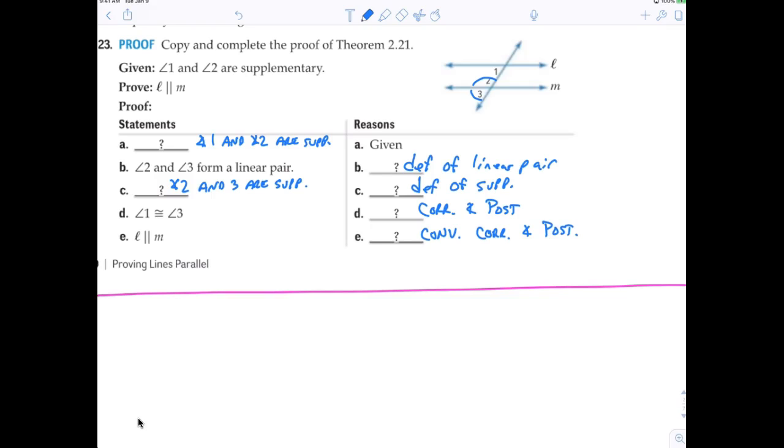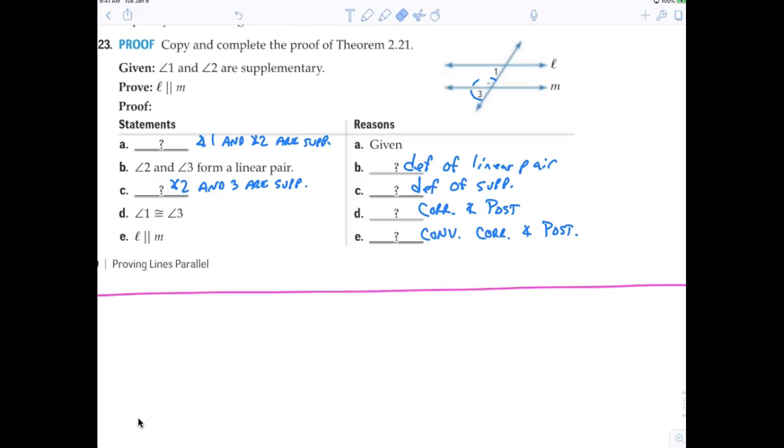Now that we have proven the converse of the supplement angle theorem, we can just say that is true. I want everybody to hear me.